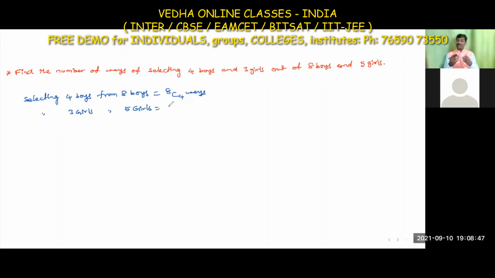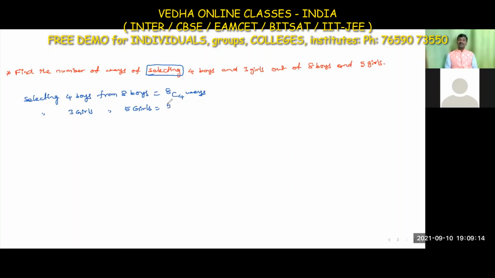Here, when you see the word selection, it is a combination, so write C. When you observe a word like arrangement or arranging, write P. It is a permutation. So from 5 girls, you are selecting only 3 girls.